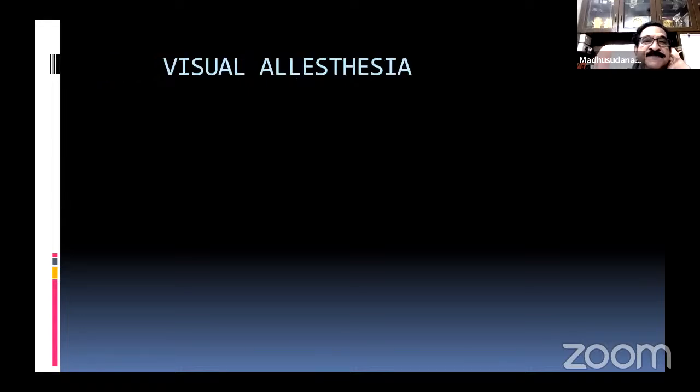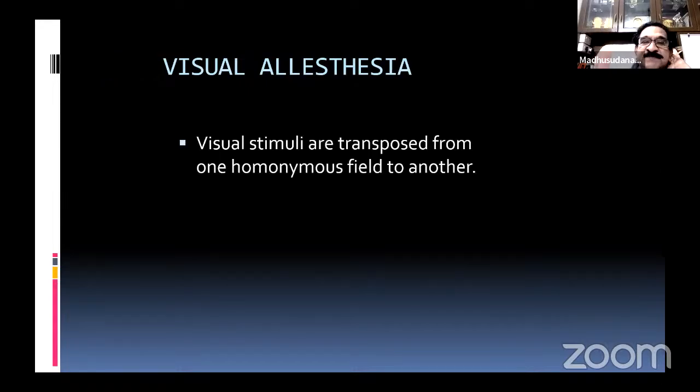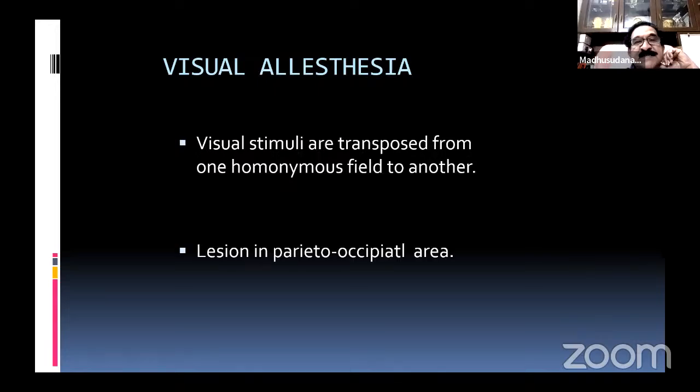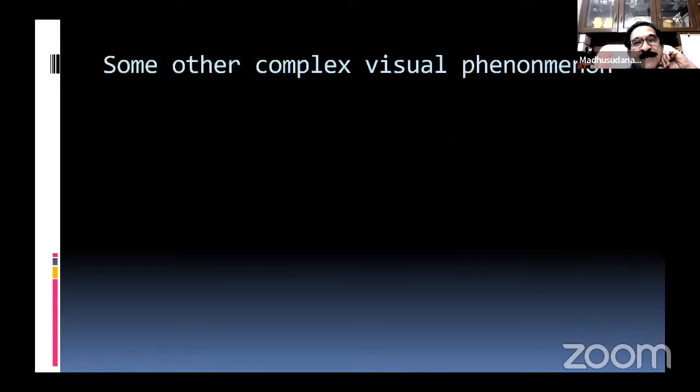This is again a parietal lobe symptom, where visual stimuli are transposed from one homonymous field to the other, with a lesion in the parieto-occipital area. I thought I would show some other complex, interesting visual phenomena for completeness' sake. They have nothing to do with this particular case.